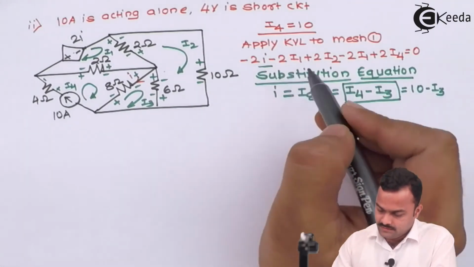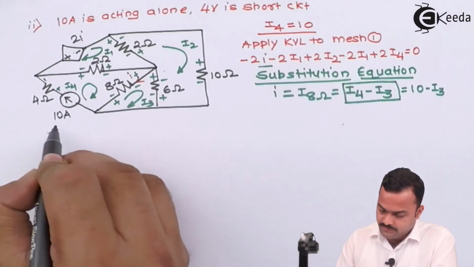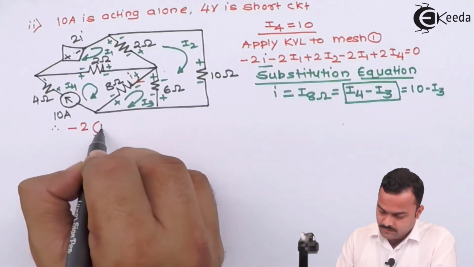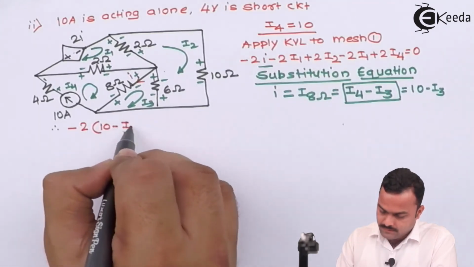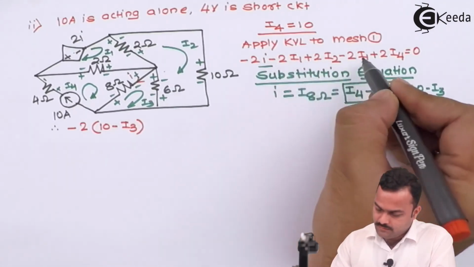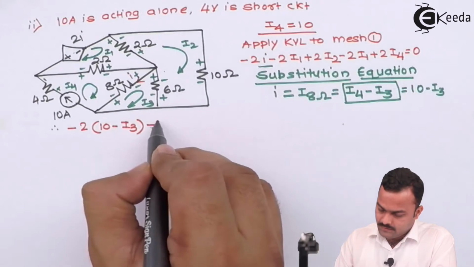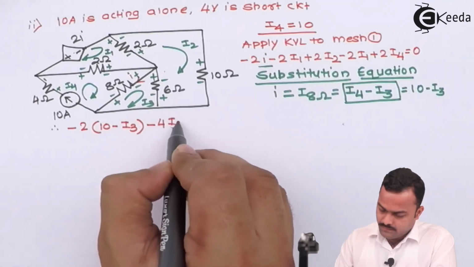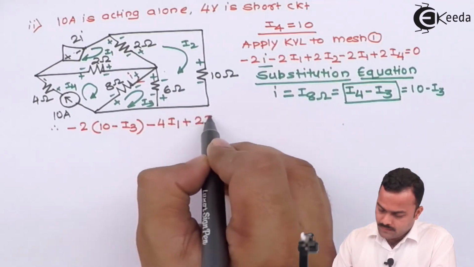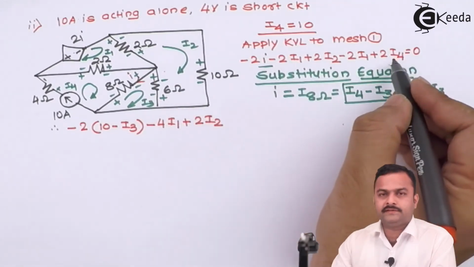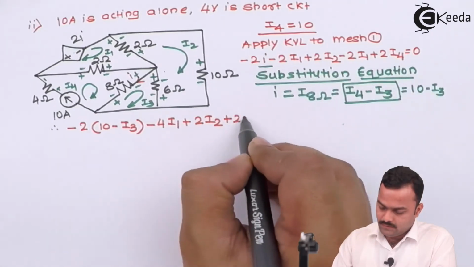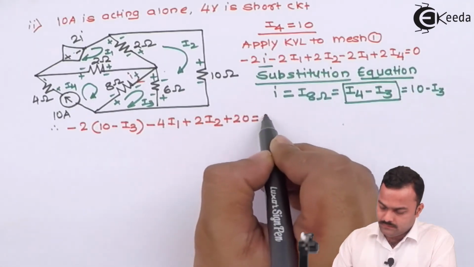So let's do that. So by doing a substitution for I we will get minus 2 in bracket 10 minus I3. Let's simplify this. Minus 2I1 will become minus 4I1 plus 2I2. As we discussed earlier, wherever there is I4, we will replace with a 10, so that will become 20 equal to 0.